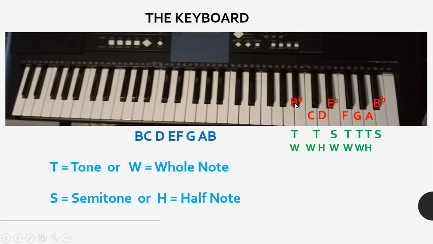And between this B flat and this C is a distance of this white note that we are looking at here. So from this B flat to this white note is a semitone. And from this white note to this C that we are looking at is another semitone. That is the reason why we have the distance between the B flat and the C to be a tone, a whole note.